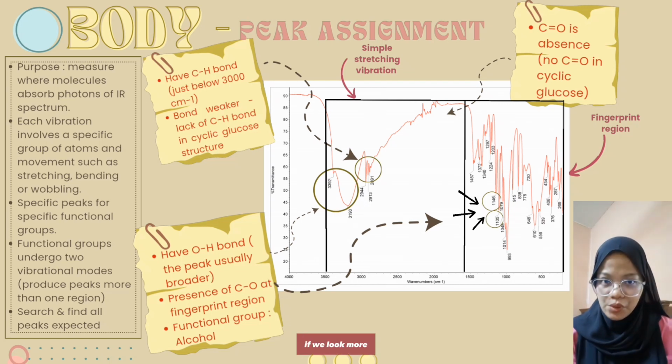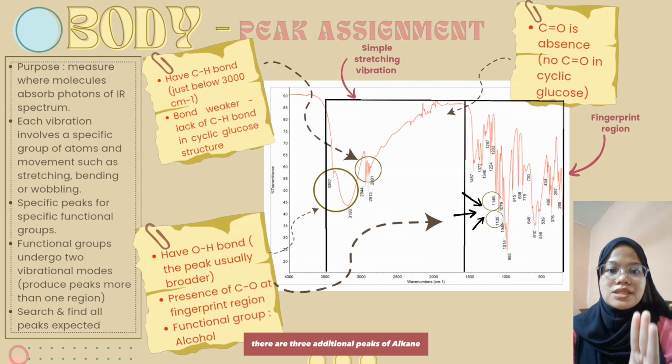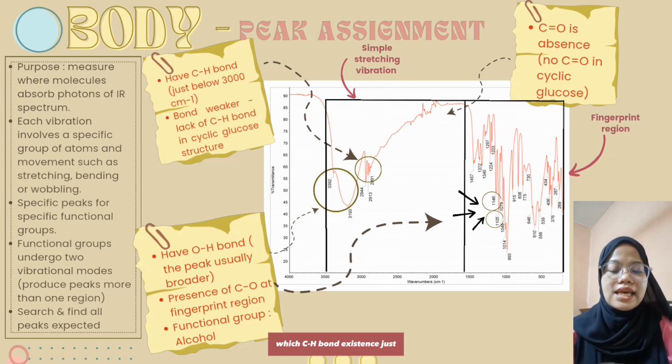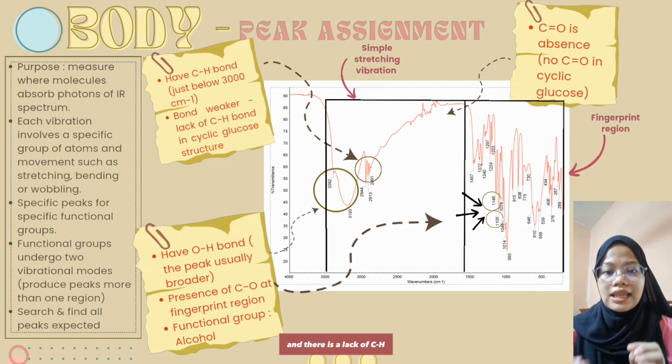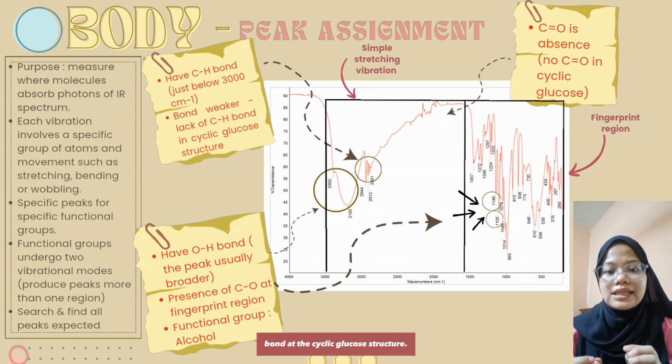Furthermore, if we look more, there are three additional peaks of alkane, which are CH bonds, just below 3000 cm-1, but the CH peak is weaker because the CH bond stretching is slight and there is a lack of CH bonds in the cyclic glucose structure.